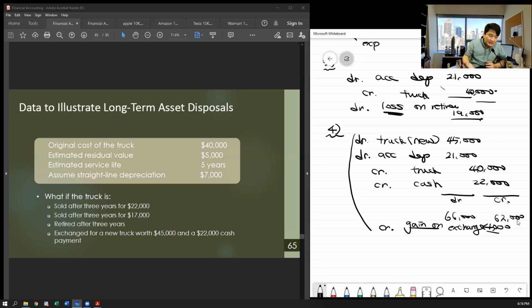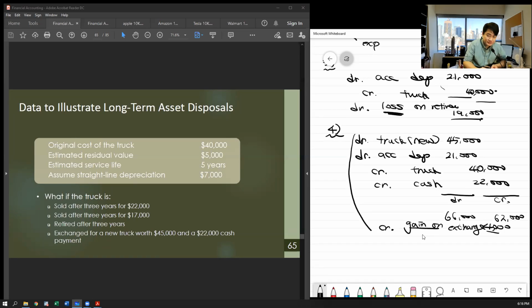So in order to balance the debits and credits, you have to add $4,000 of credit, right? Whenever you are crediting something, it's going to be something related to revenues or gain on something. Since this exchange is not part of the main business operation, instead of calling it revenue, we are going to call it gain on the exchange.